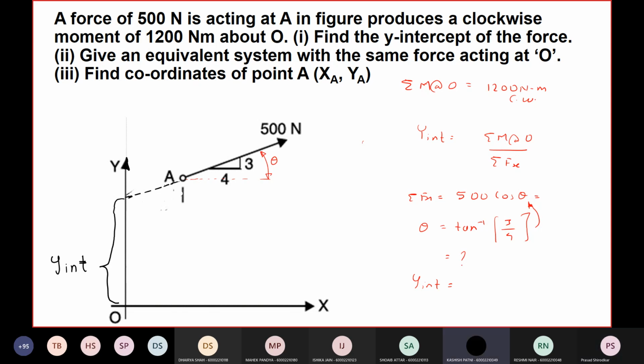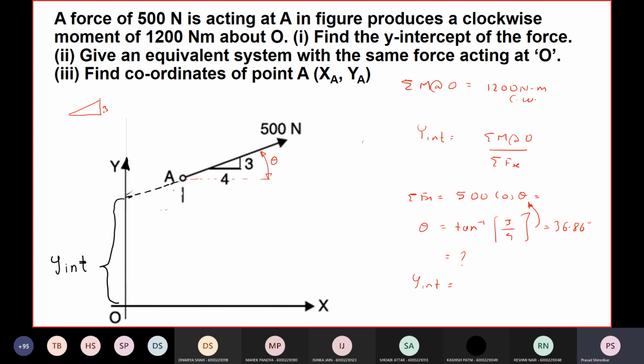Sir, theta is 36.87. Correct, 36.87 or 36.86. Sir, can we directly write cos theta as 4 by 5? Yes, you can in fact. Okay, so this is very good.